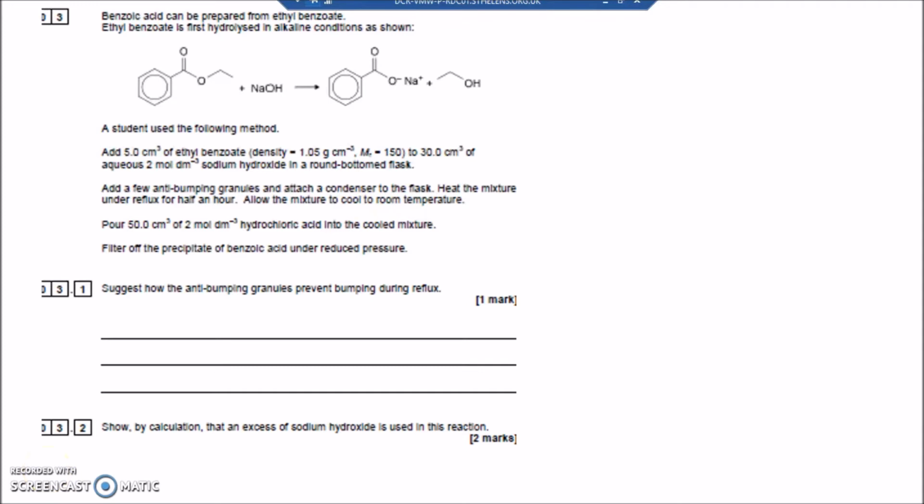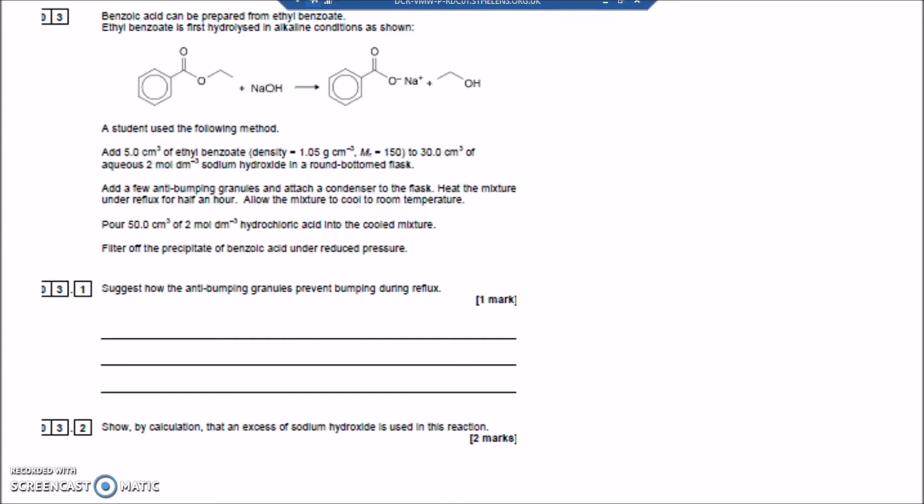Question 3. Benzoic acid prepared from ethyl benzoate. There's a reaction there. Add 5 cm³ of ethyl benzoate. We've been given a density and an Mr and a volume. So density is mass divided by volume. We've clearly got to work out the mass of ethyl benzoate, otherwise we wouldn't be given density and a volume.